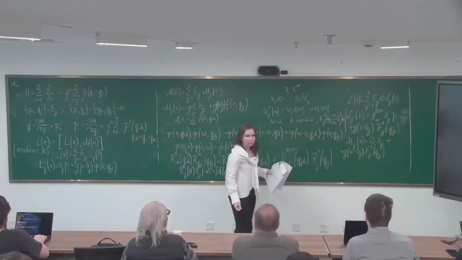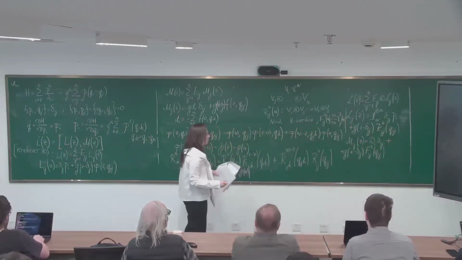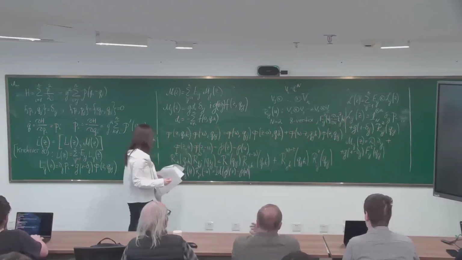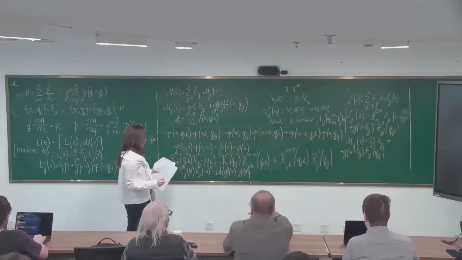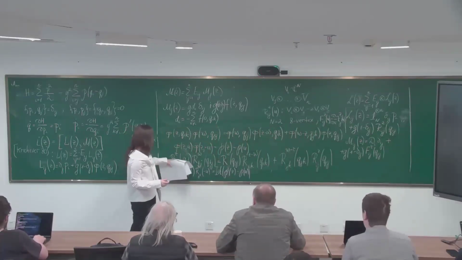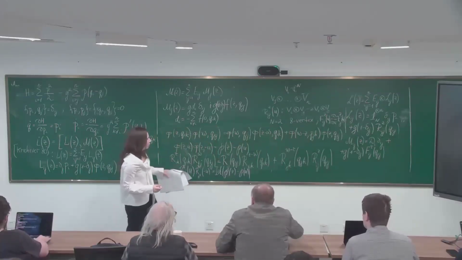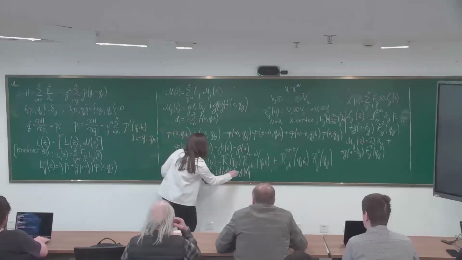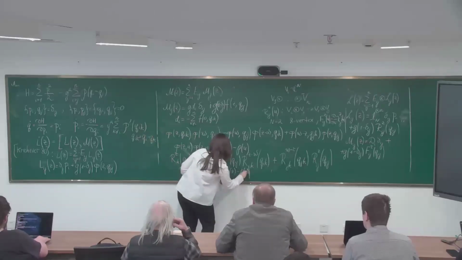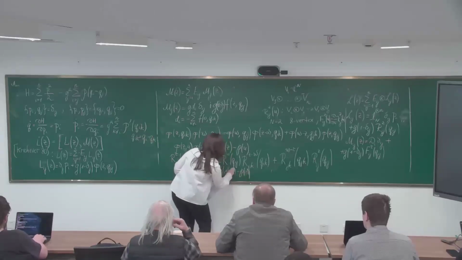The upper index here is the coupling constant. Because you see here you have h bar in this identity.